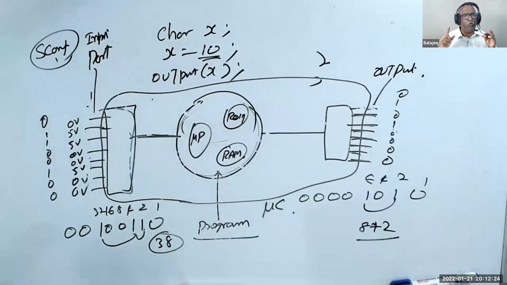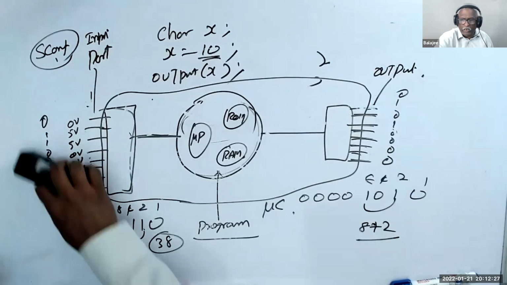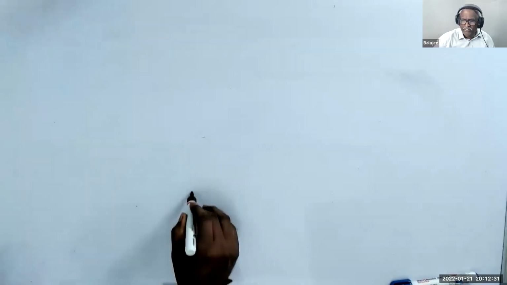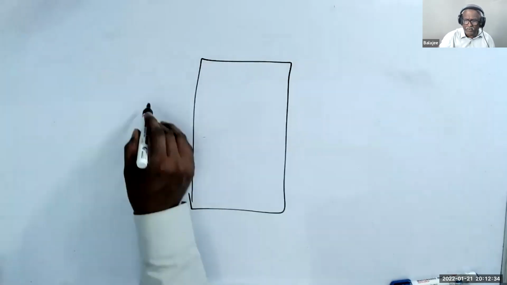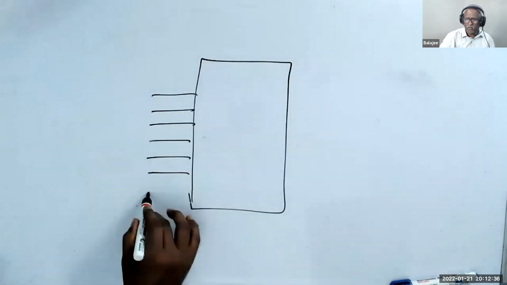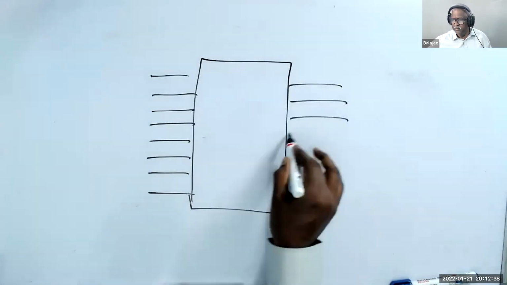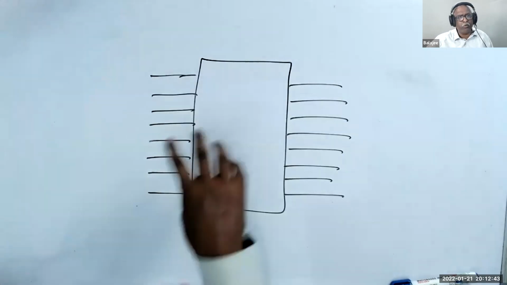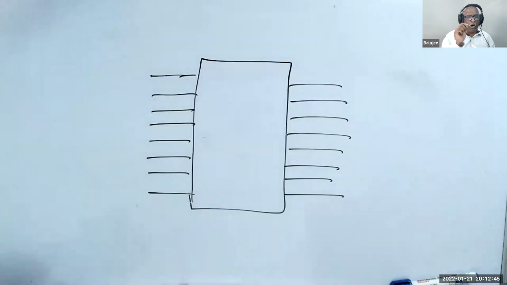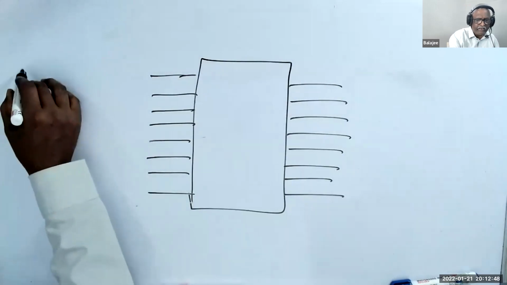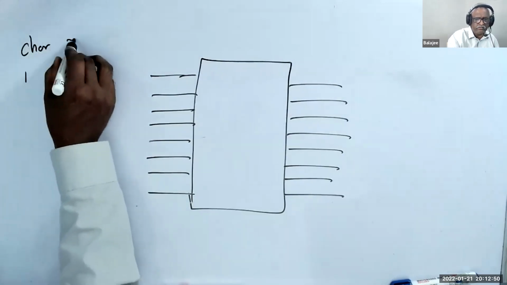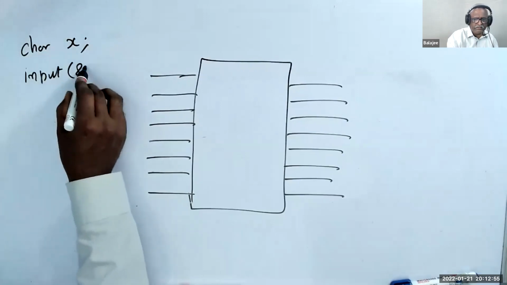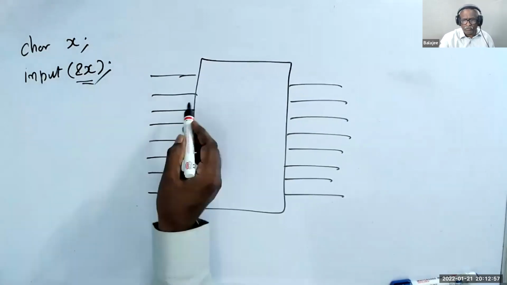You have to master only one thing. What you have to master is this. If I tell you that this is a microcontroller with 8 input pins and 8 output pins, then inside the program, if you write a small code, char X, input X, that means you will be reading the input.